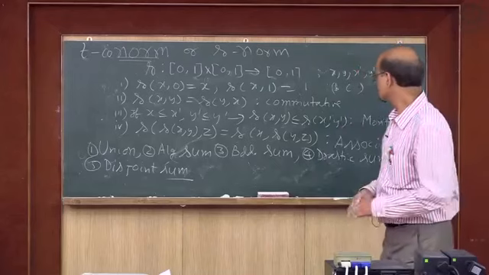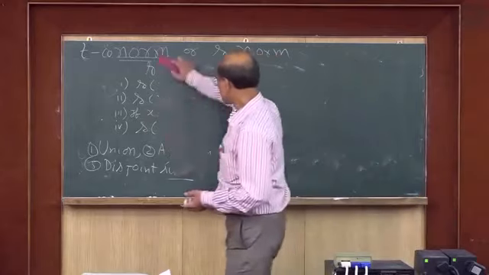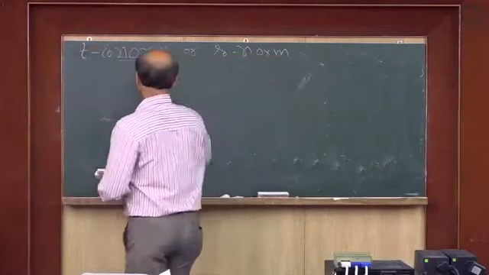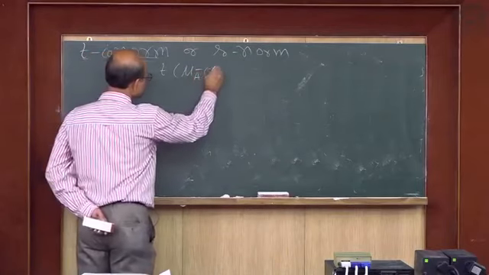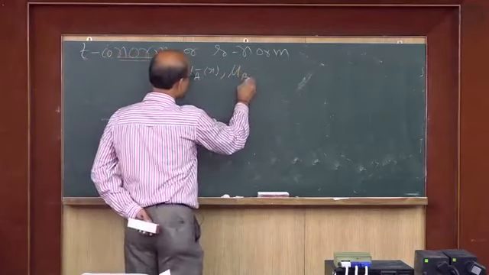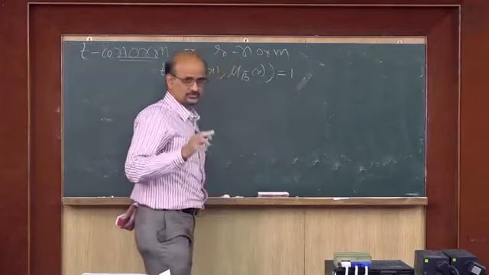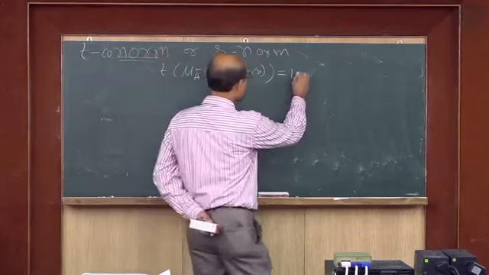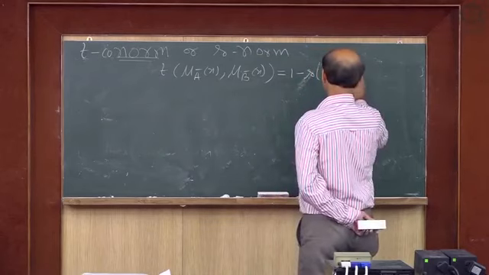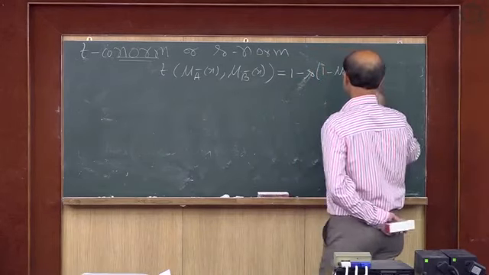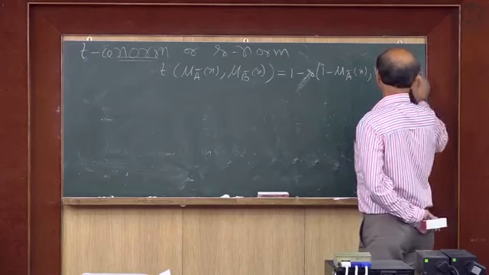So, if these are dual logic, we can write t of mu a bar x, mu b bar x as 1 minus s of 1 minus mu a bar x and 1 minus mu b bar x.